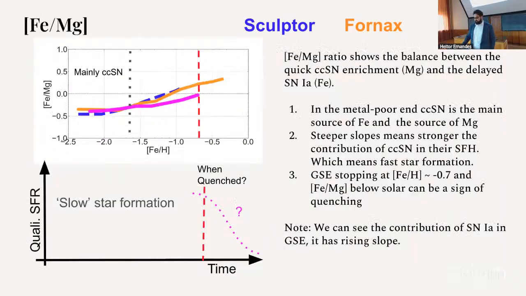So starting from this one, that's easier to interpret. We have this part here that's the beginning of the galaxies. They're basically the same, as you can see here. So we have just the balance here for the core collapse supernova, what it adds from iron, what's added from Mg, adding more Mg than iron.